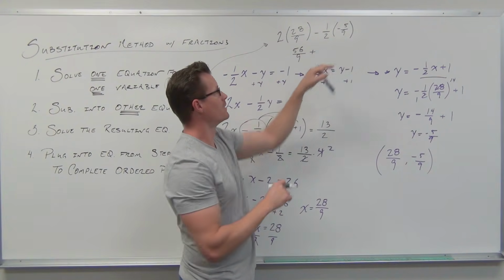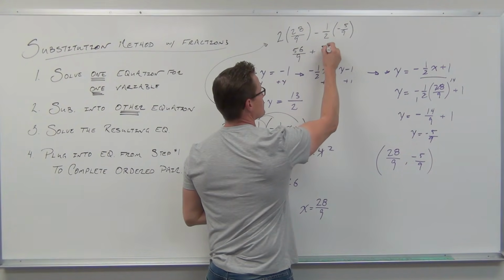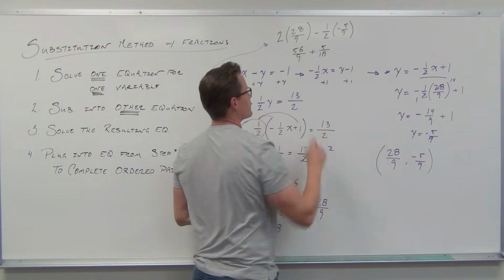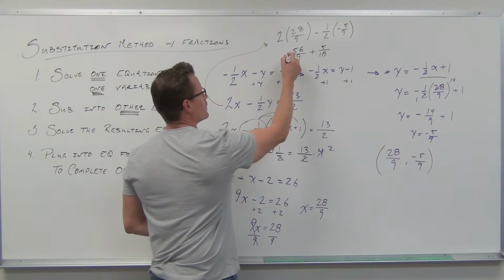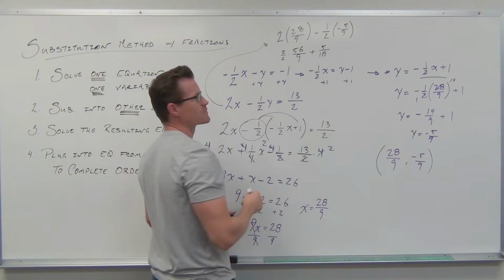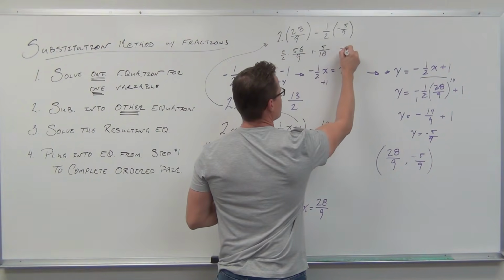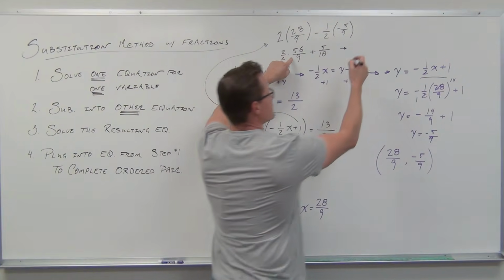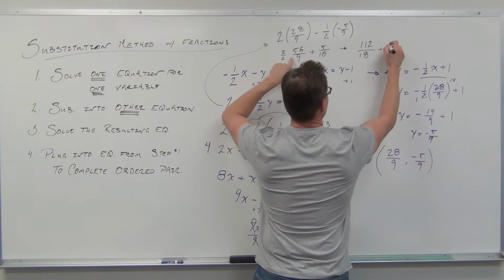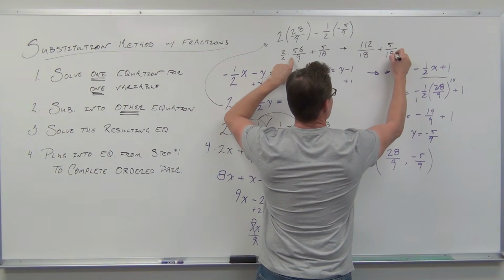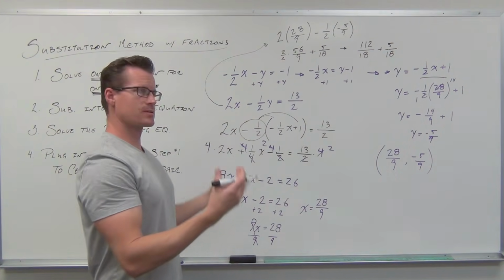That's going to be adding 5/18. But we can't add that straight up. We need a common denominator. Let's multiply by 2 over 2. 2 times 56, that's 112. Plus 5/18. Let's keep on going.